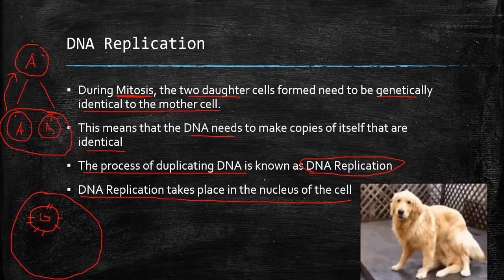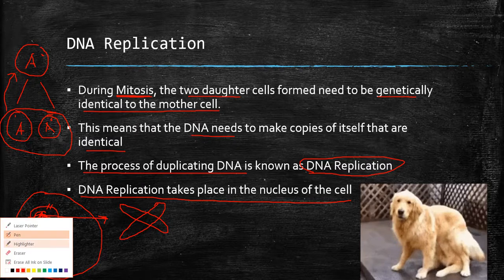Then we have a thread-like structure which is kind of like this, which we call the chromatin network. Now inside this chromatin network are what we call chromosomes. Now chromosomes are kind of in an X-like shape like this. Okay, so they have three parts to it. We have this part right here and this part.